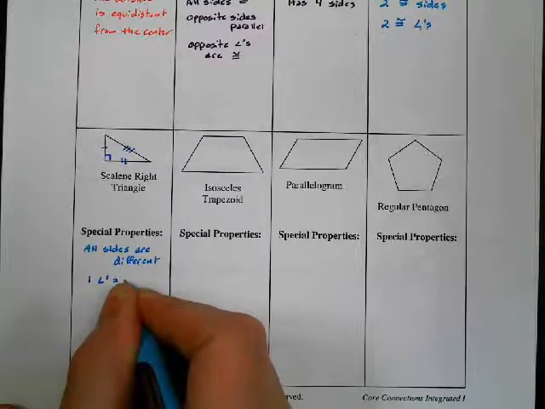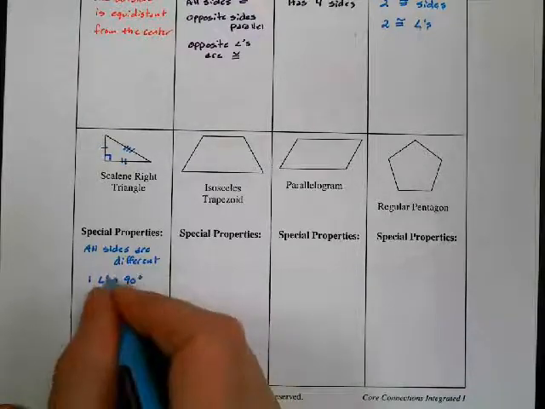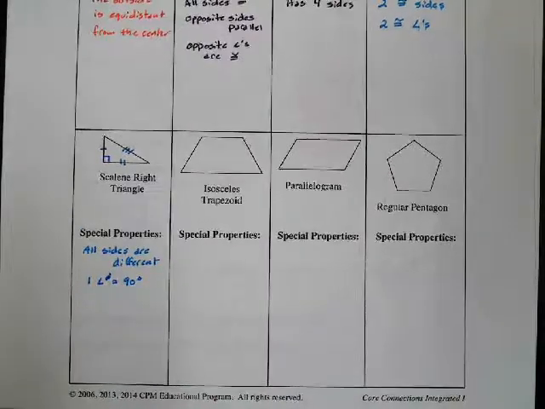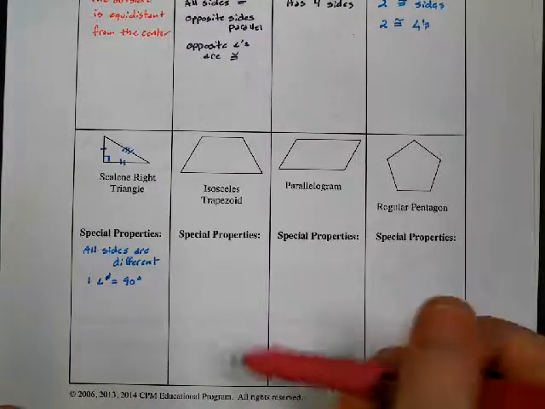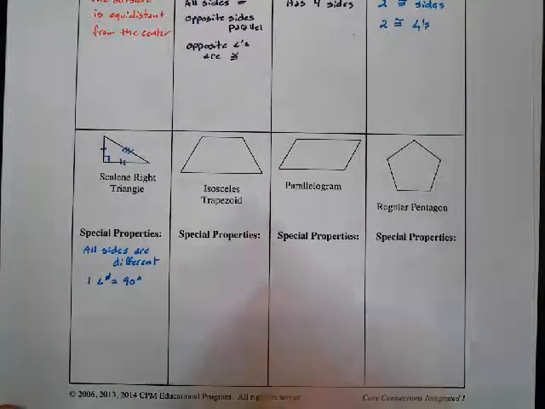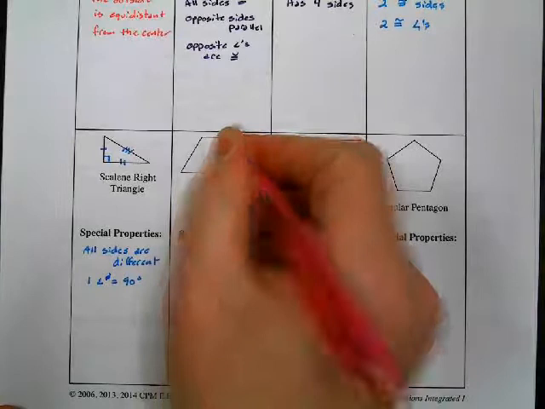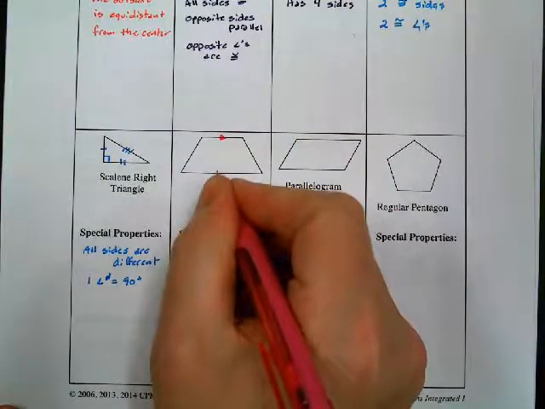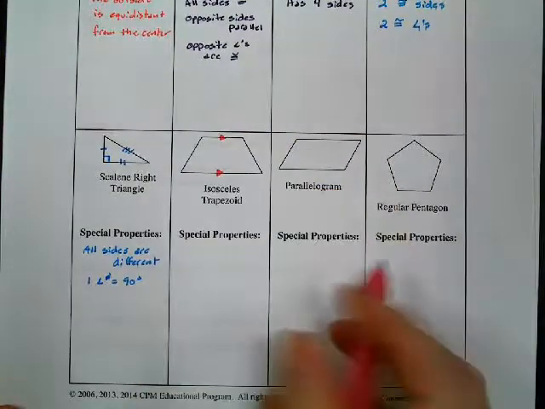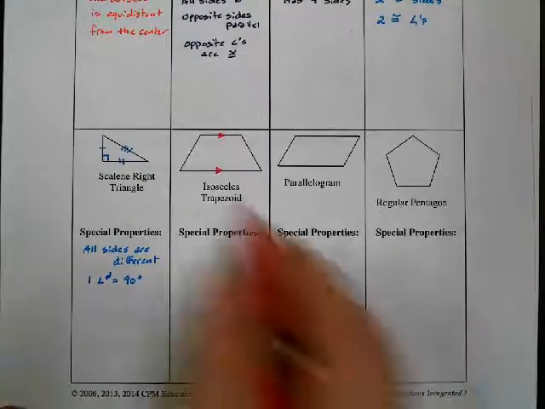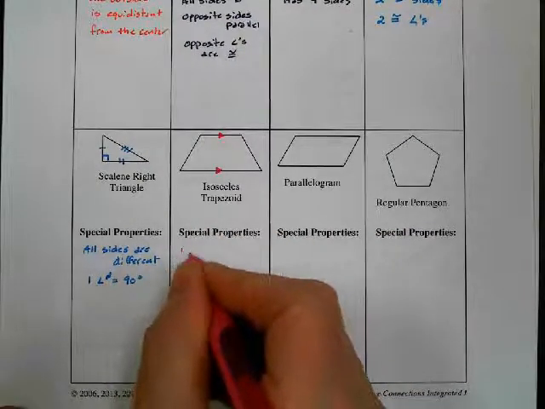All right, next one, we've got an isosceles trapezoid. Since it's a trapezoid, that means one pair of sides is parallel. So one pair of parallel sides.